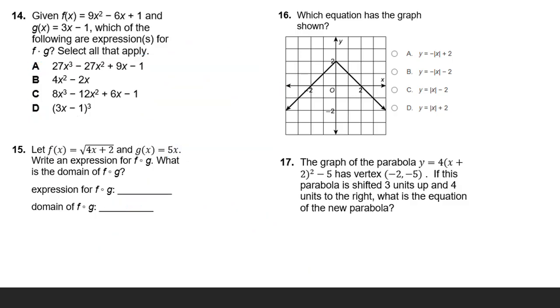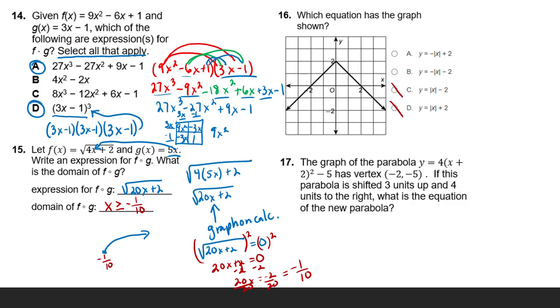So A and B both have a negative, so right away I know my answer can't be C or D. So now I just need to decide, does it have a plus 2 or a minus 2? Okay, so remember normally this is centered right here at the origin. This one moved up 2. So that tells me that this one is A. Okay, it did not go down 2.